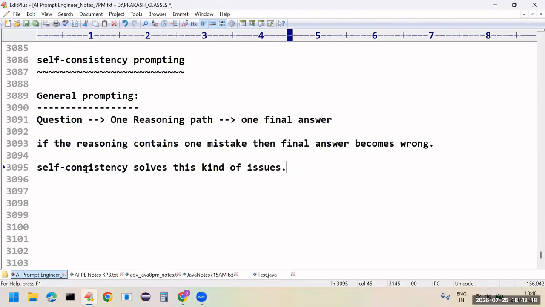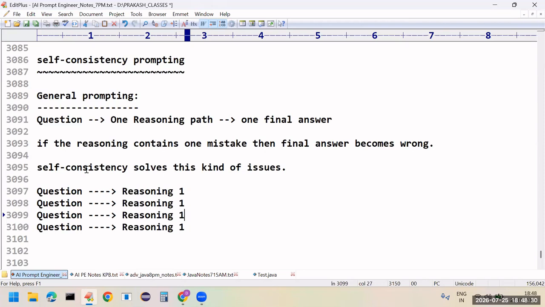How are they going to solve it? Very simple. From the question, it will generate reasoning 1, then reasoning 2, reasoning 3, reasoning 4. For the same problem, you generate multiple solutions, multiple paths.